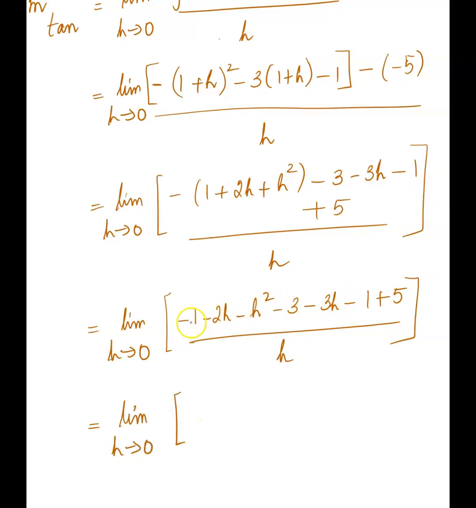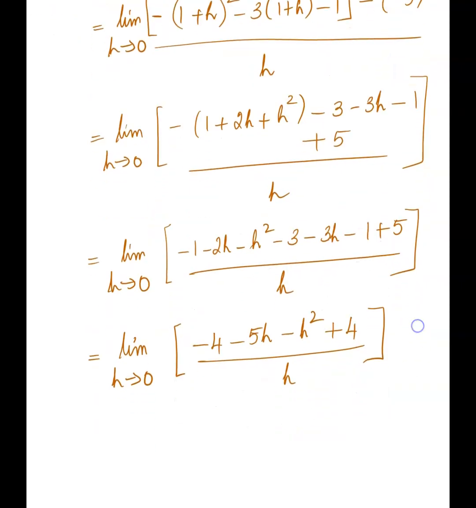So when I combine all the numbers, -1 and -3, I get -4. -2h and -3h is -5h minus h squared. And -1 plus 5 is +4 over h.